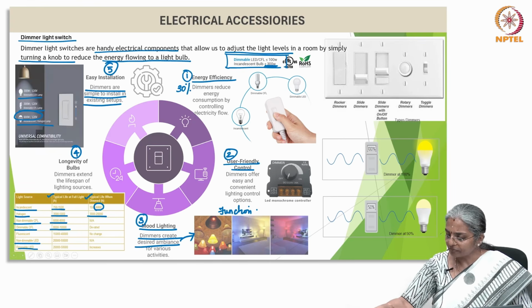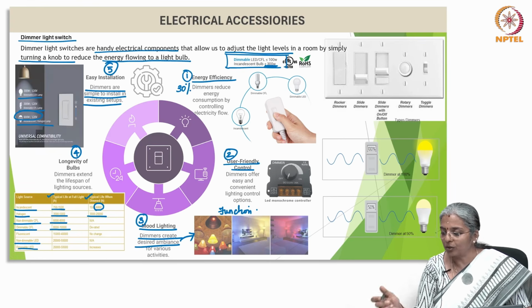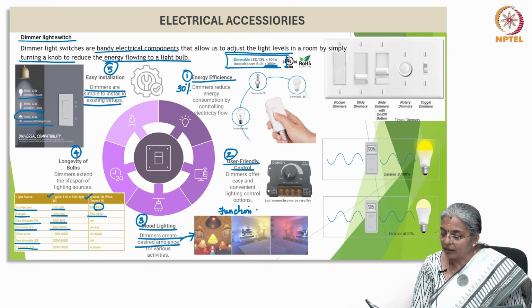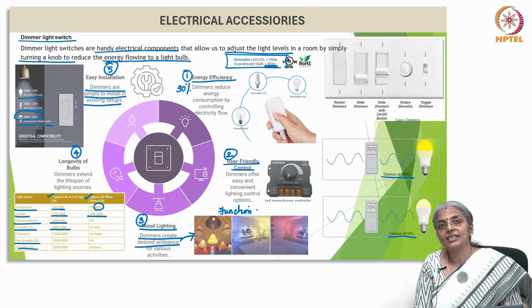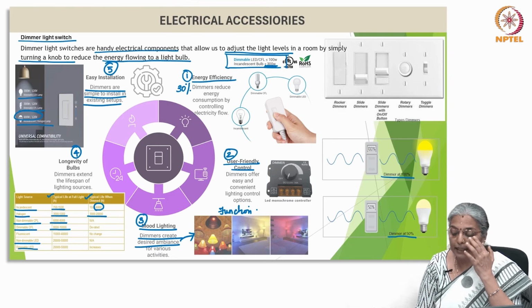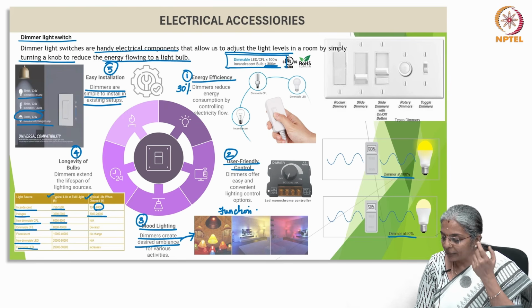So, if you are able to use a dimmer, then compared to 100% of its usage in terms of electrical consumption, a dimmer consumes at least 50% less than the non-dimmers that can be used.